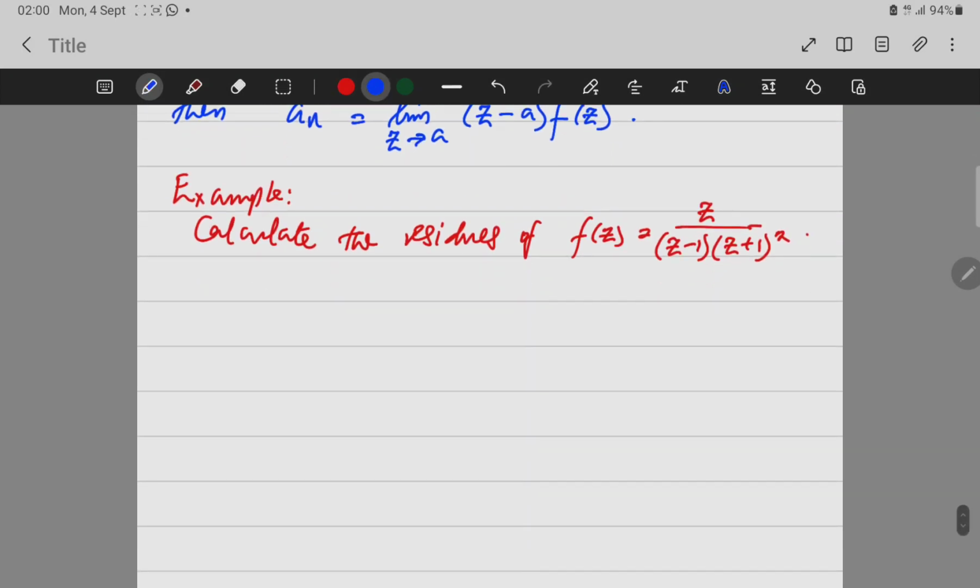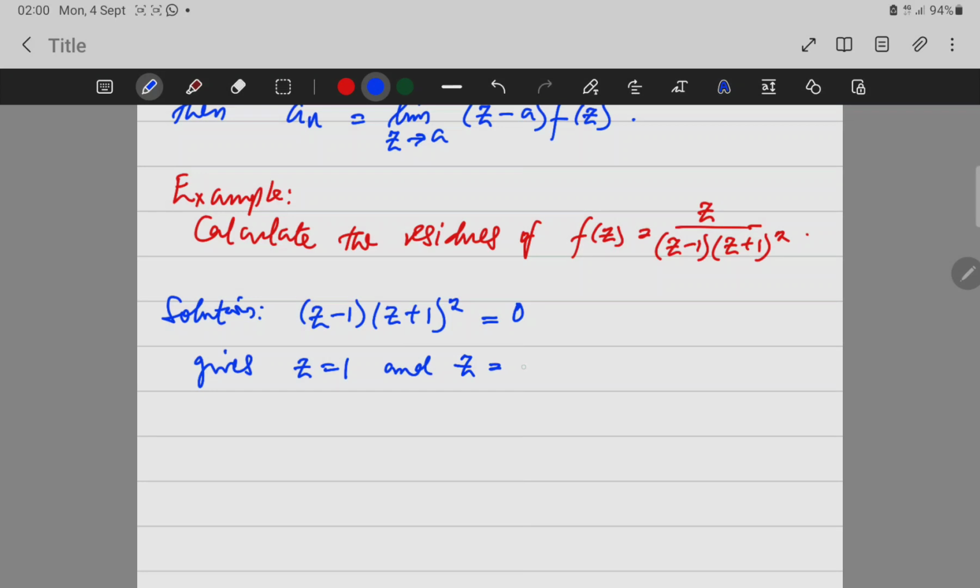Solution. Looking at this function, we discover that (z minus 1)(z plus 1) raised to power 2 is equal to 0 gives z is equal to 1 and z is equal to minus 1 twice.